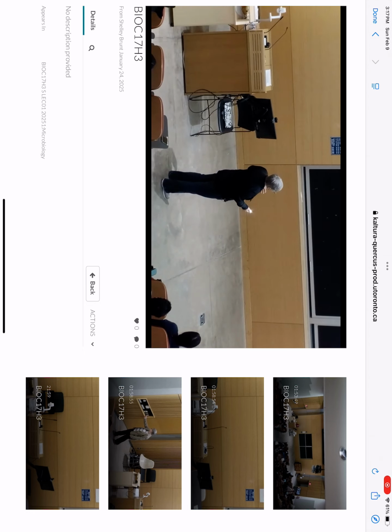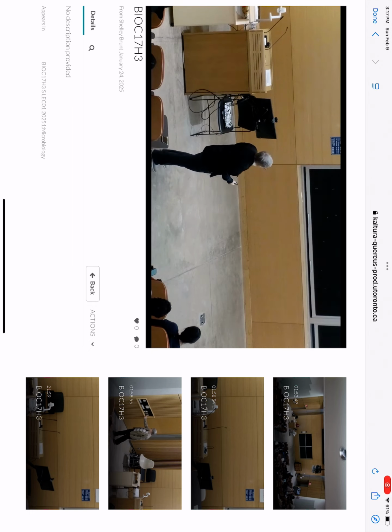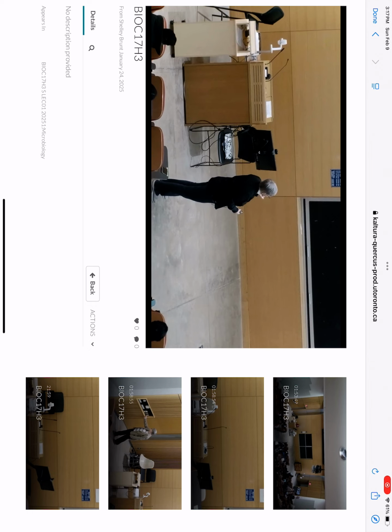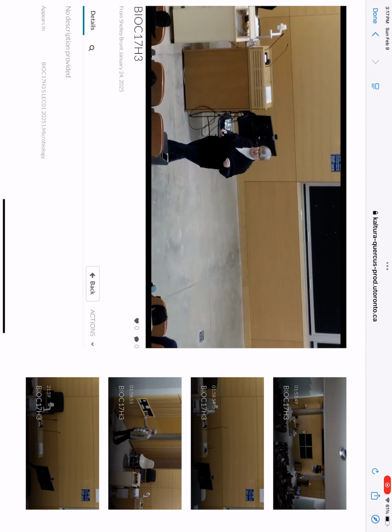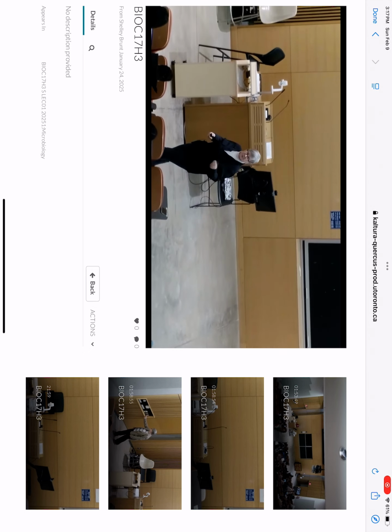Photoautotrophs use sunlight as energy. That would include the cyanobacteria, the purple sulfur bacteria, and the green sulfur bacteria. The purple sulfur and the green sulfur bacteria are anaerobic bacteria. They carry out anaerobic photosynthesis.